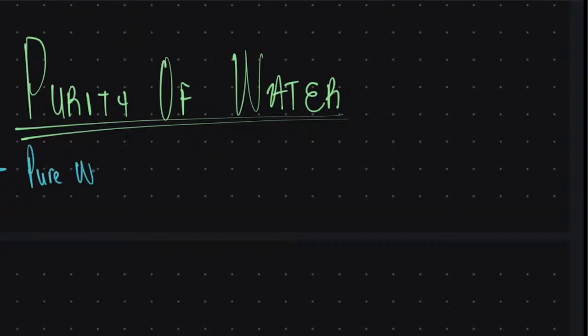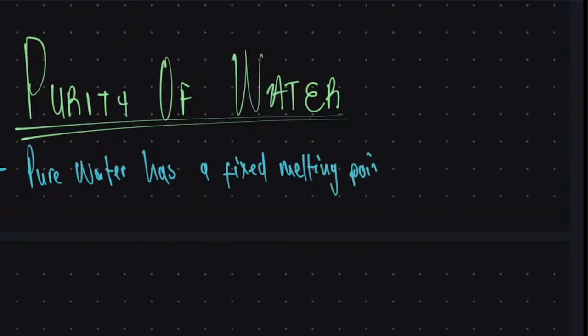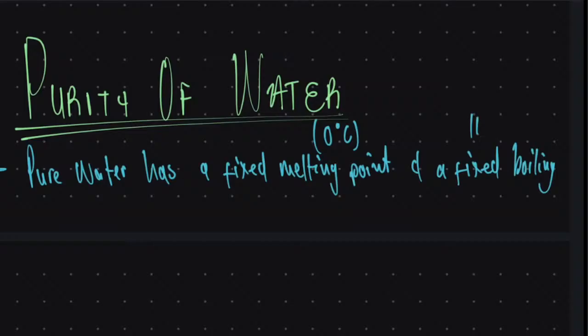Pure water has a fixed melting point, which is 0 degrees Celsius, and a fixed boiling point, which is 100 degrees Celsius.